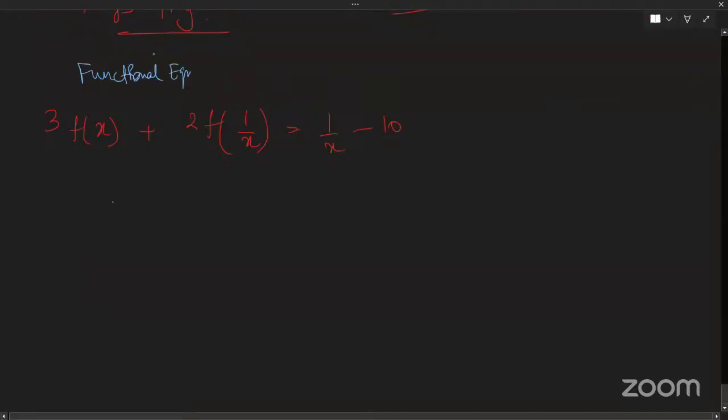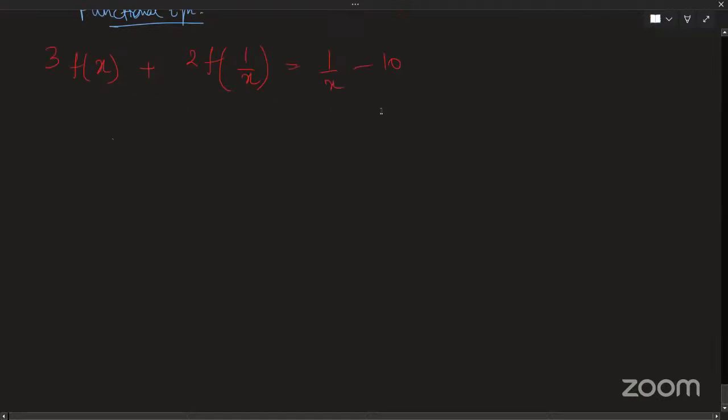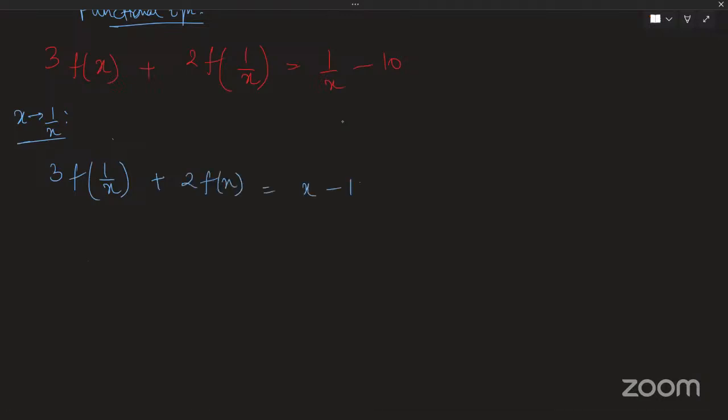How do you solve such a functional equation? If you substitute 1 by x in place of x, you will get 3f of 1 by x plus 2f of x is equal to x minus 10.